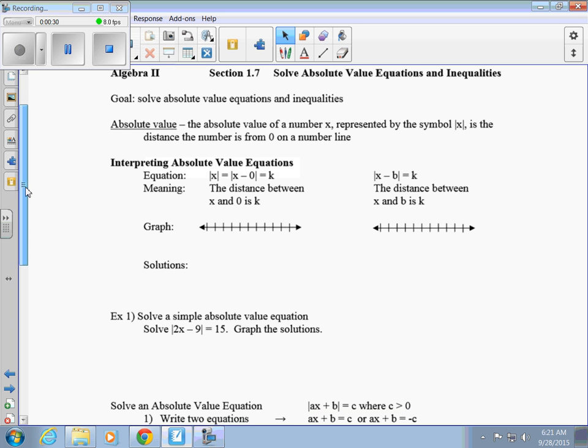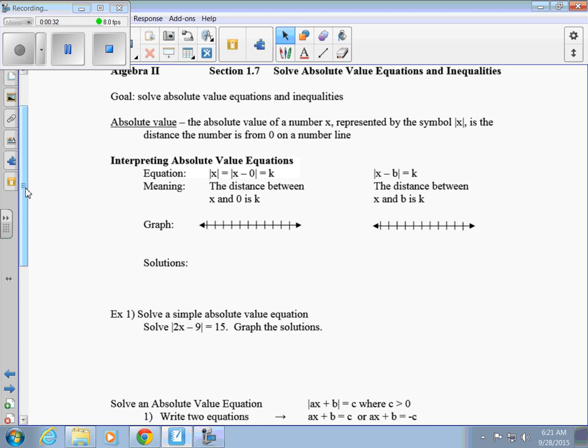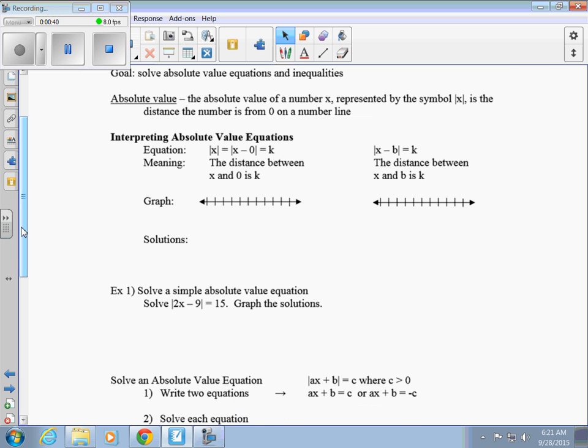So if we look at interpreting the absolute value, it says the absolute value of x. Well, that's how far is x from 0? The meaning is that's the distance from x to 0. So if we put 0 on our number line and go so many units, this is the distance that number is from 0.